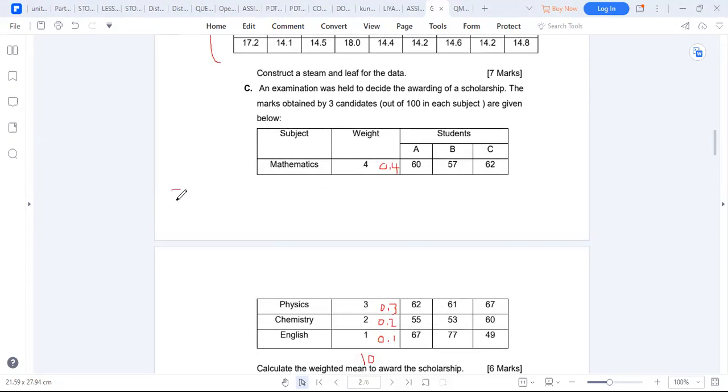We'll start with student A. Student A, what do they get? 0.4 times what? 60, plus 0.3 times what? 62, plus 0.2 times 55, plus 0.1 times 67. Then you evaluate this to find our mean weight.